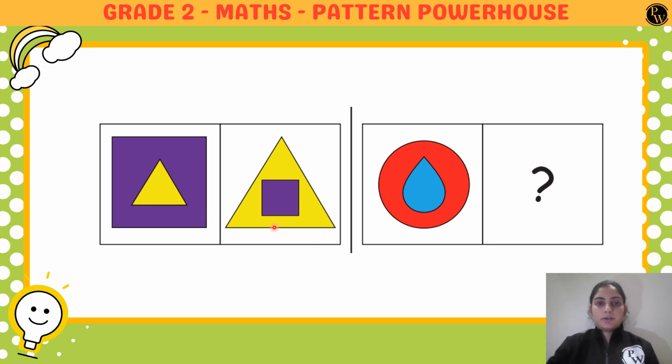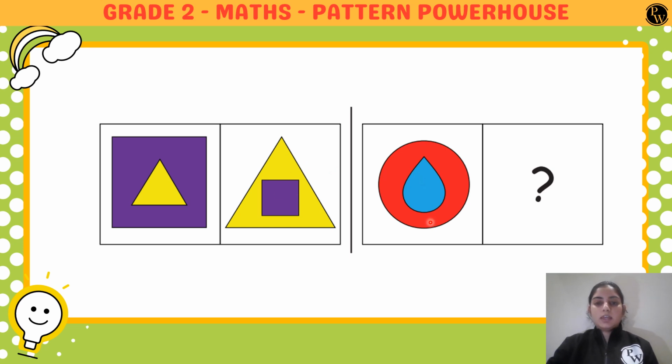In the first set of the images, the triangle is inside the square in the first image, right? Now, in the second image, we can see the square is inside the triangle. The same shapes are there, only their position has been changed, right?